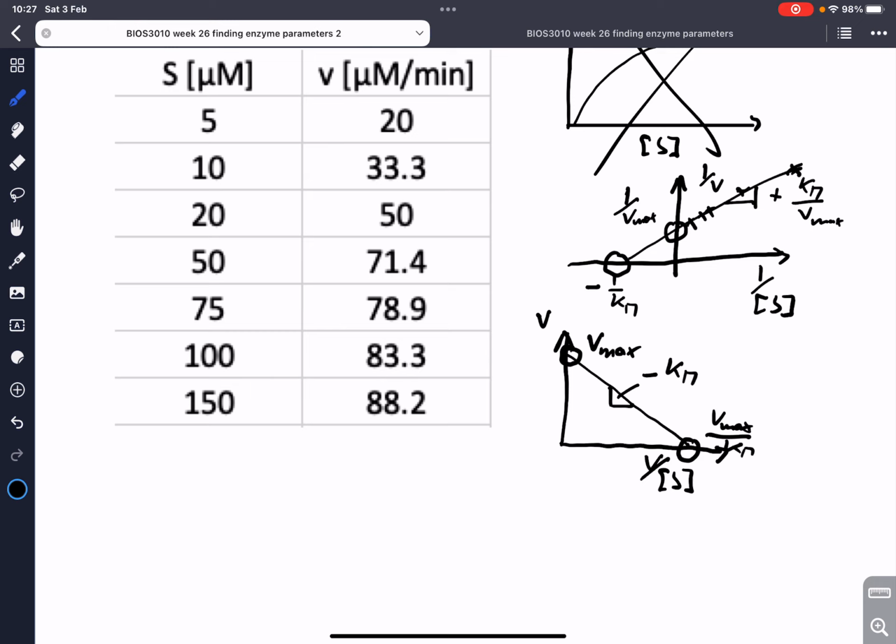So that's great. But the problem with an Eadie-Hofstee plot is that we do something that is a bit frowned upon, because on the y-axis we have our dependent variable. On the x-axis, we plot a mixture of the dependent and the independent variable.